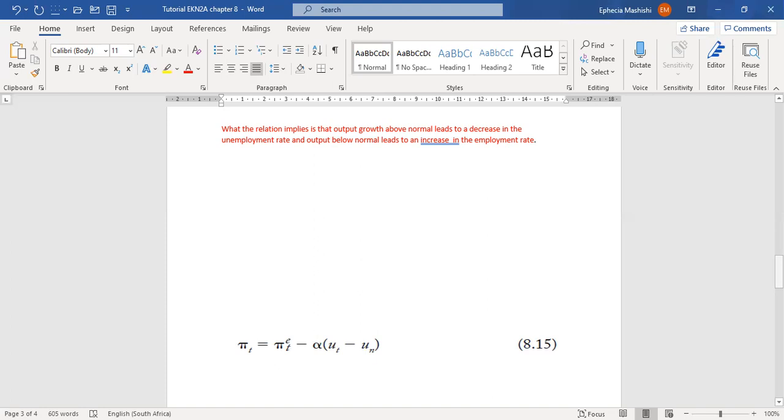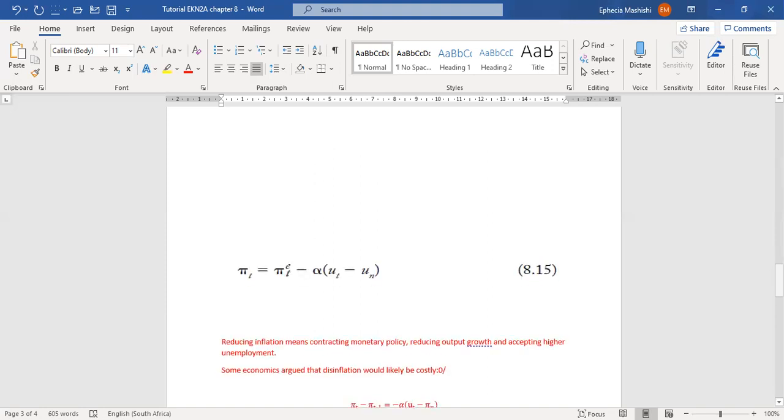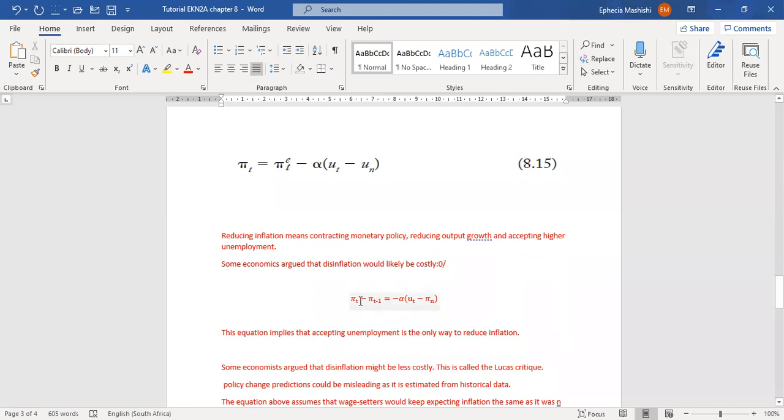So reducing inflation means contracting monetary policy, right? And reducing output growth and accepting higher unemployment. Some economists argued that this disinflation would be costly, and therefore this was the relation. And this equation simply implies that accepting unemployment is the only way to reduce inflation.